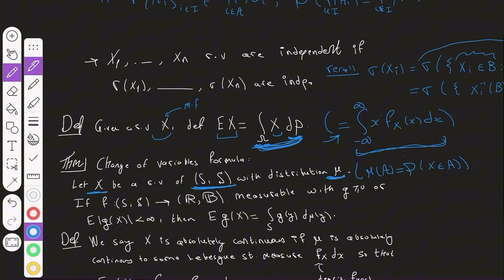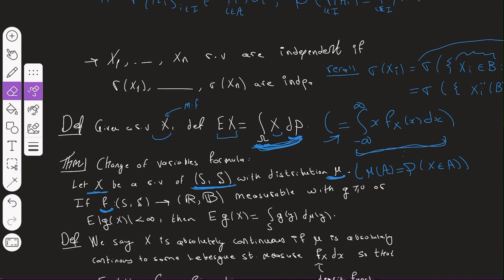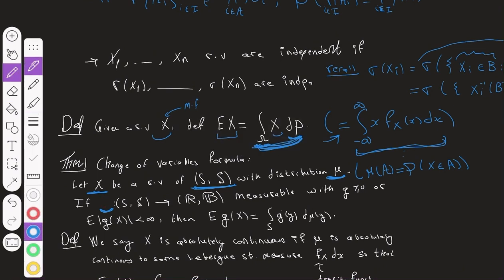And suppose that f is a measurable function that is real valued. It's a measurable function defined on S, and it is real valued. Maybe, just to avoid confusion, let's call this G, to stick to the notation. So suppose G is a measurable function defined on S and it's real valued.